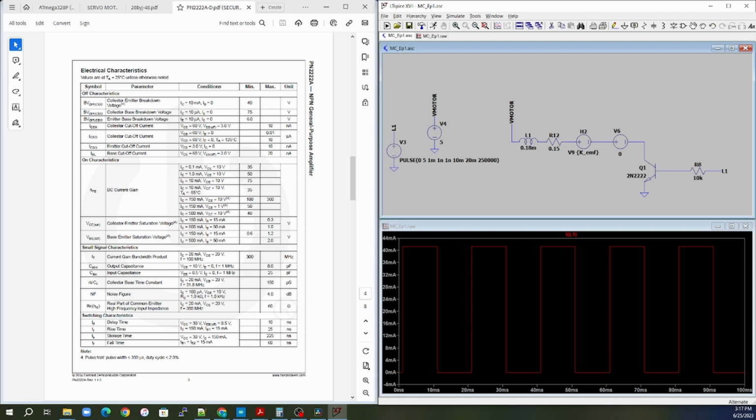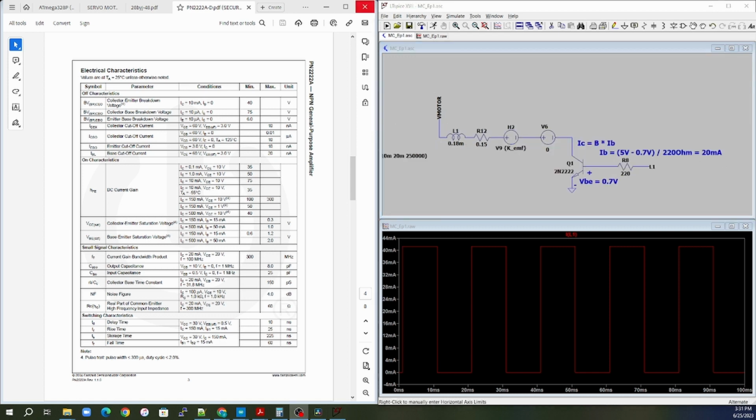So now the difference between a FET and a transistor real quick. I won't get into too much of the details, but a FET is voltage controlled and a transistor is current controlled. So the basic transistor formula is the collector current is equal to beta times IB, beta being the gain of the transistor. The base current is going to equal whatever our input voltage is minus the VBE of the transistor.